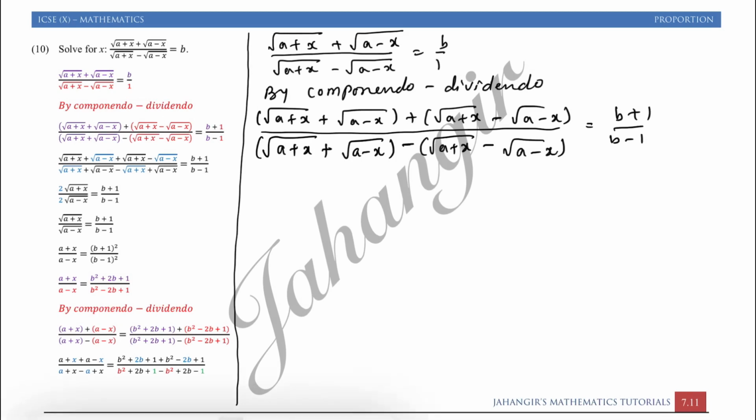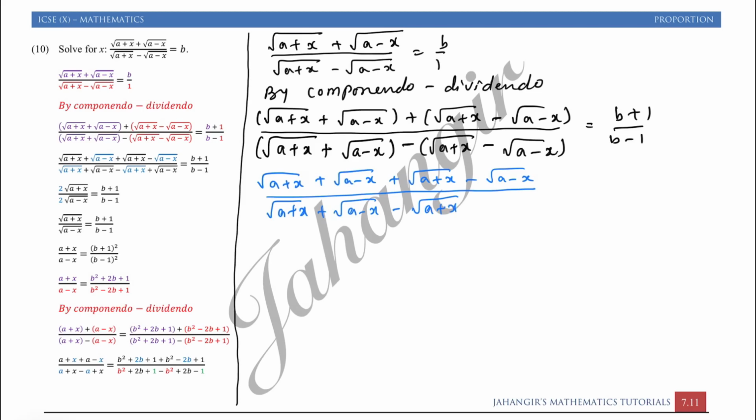Now let's open bracket. Root of a plus x plus root of a minus x plus root of a plus x minus root of a minus x whole upon root of a plus x plus root of a minus x minus root of a plus x, then minus and minus, this sign will change, it will become plus, is equal to b plus 1 upon b minus 1.